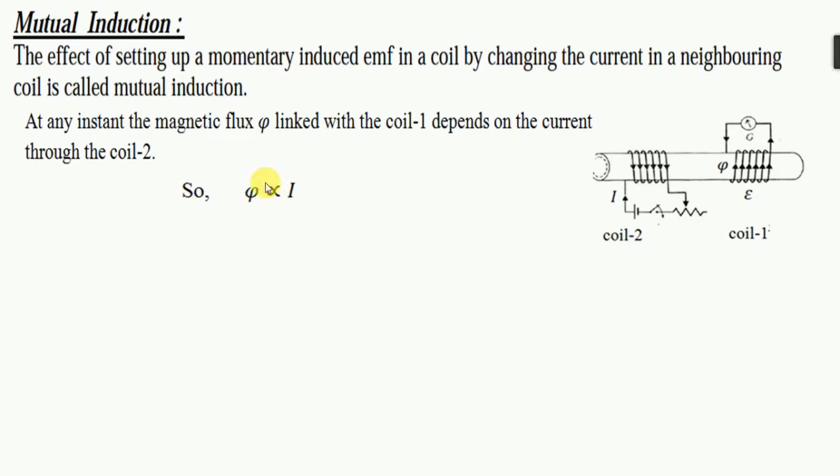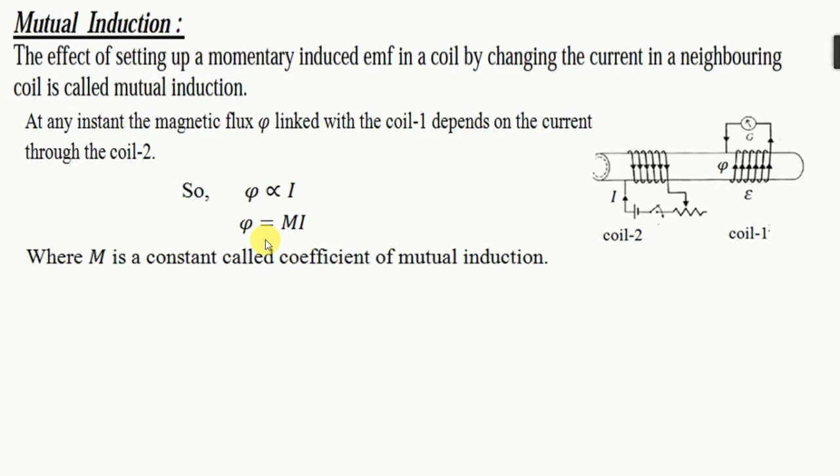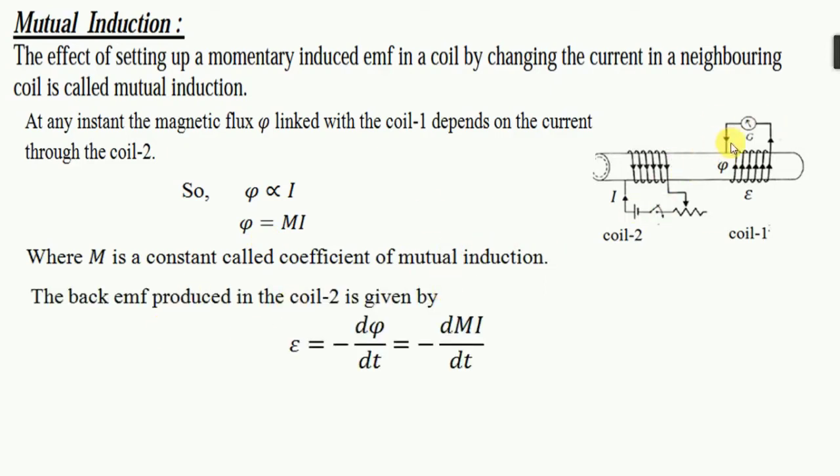When I change this proportionality sign, I can write flux is equal to a constant into current, and this M is called the coefficient of mutual inductance between two coils. And if you want to find the EMF, then we can use Faraday's law. EMF is equal to the rate of change of magnetic flux with a negative sign.